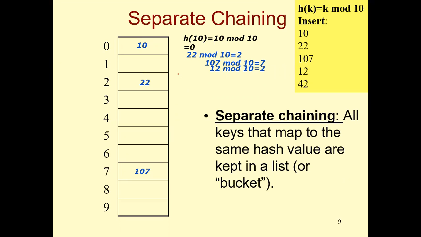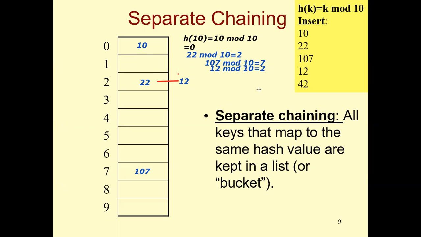So you're just going to put a little line, and we're going to show that it is connected to 12. We're going to put 12 there, and we're going to use a line to show the link. This is indicating that there's a chaining going on here.